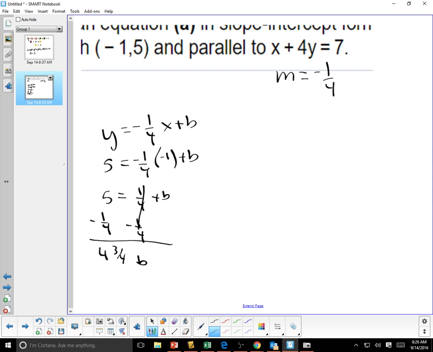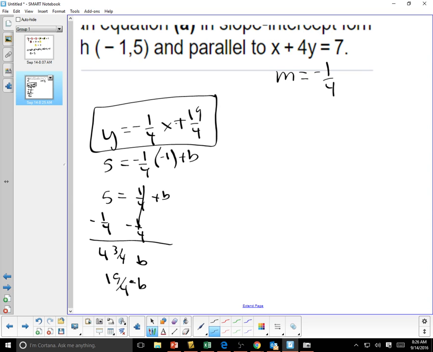So 4 times 4 is 16, plus 3 is 19. So 19/4 for b. So here's your slope-intercept form right there. So I think that's the first one.